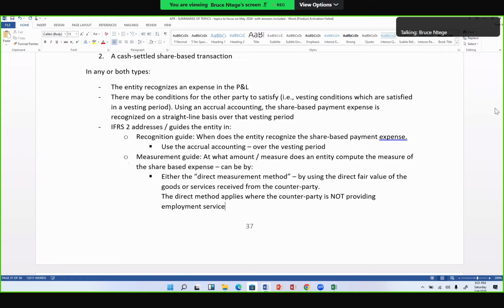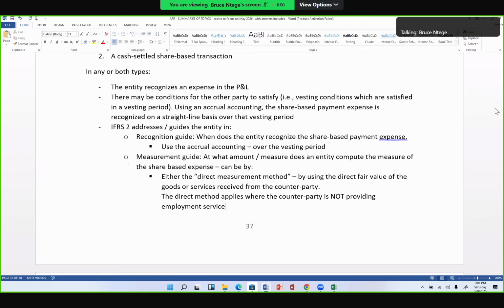So the indirect method must be used where the counterparty is an employee of the company, and this employee is providing employment services, which is going to be paid either through equity settled or through cash settled.